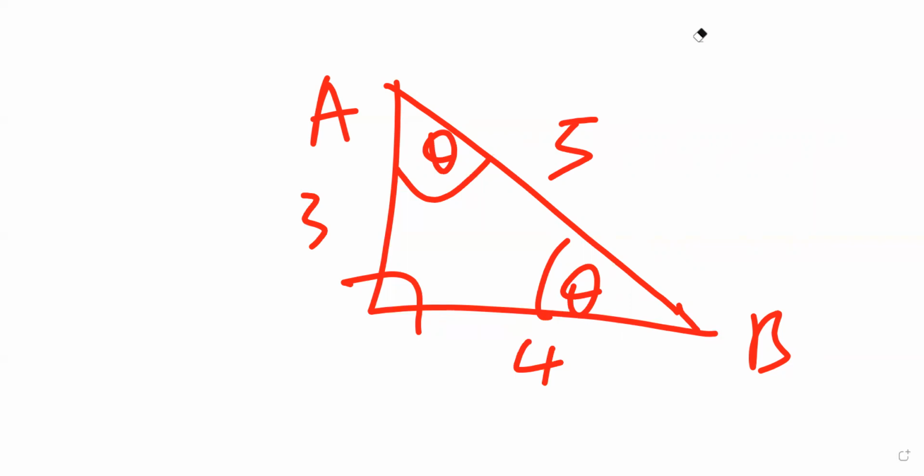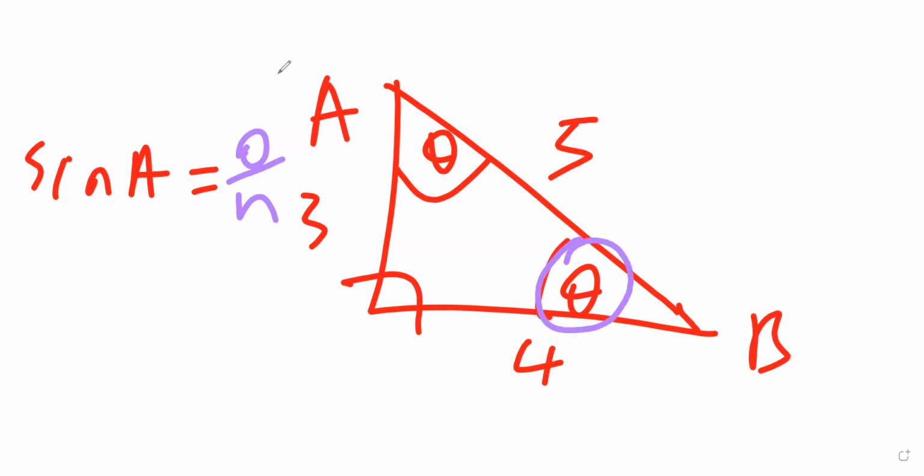If I were to write this angle using the sine function, I would say sine A, and the sides associated with the sine function are the opposite divided by the hypotenuse. If I were to use B in terms of the cos function, I would say cos B, and we have the adjacent divided by the hypotenuse.